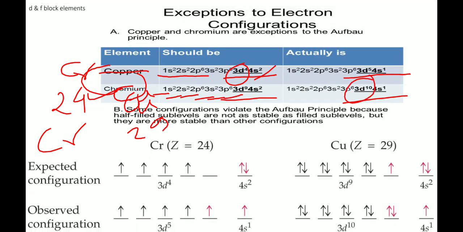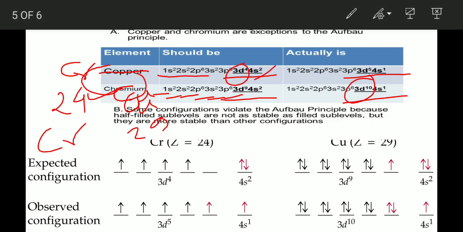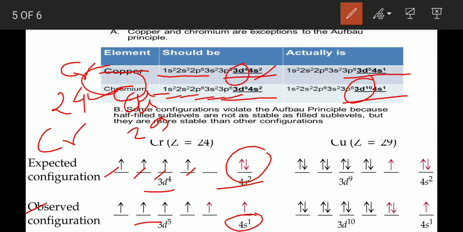See here. Expected electronic configuration of chromium, 24: 1, 2, 3, 4, this is 3d4 and 4s2. But in the observed electronic configuration, one electron of 4s enters the 3d and it becomes 3d5 and 4s1. This is the half filled orbital, which is more stable.